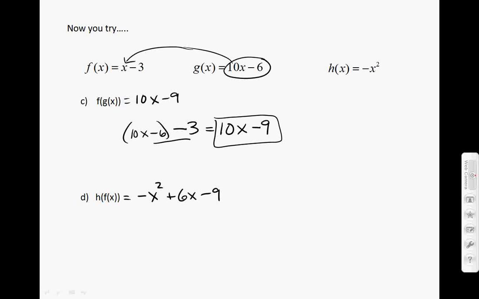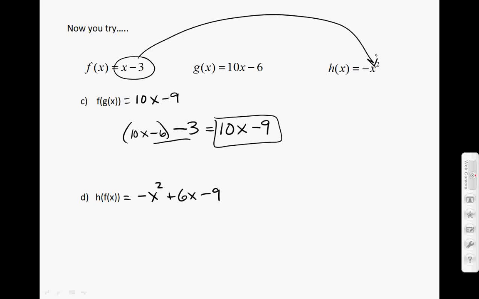Okay. The second example, h of f of x. So we're going to take the f function and insert it into the x on the h function. So the h function is negative x squared.